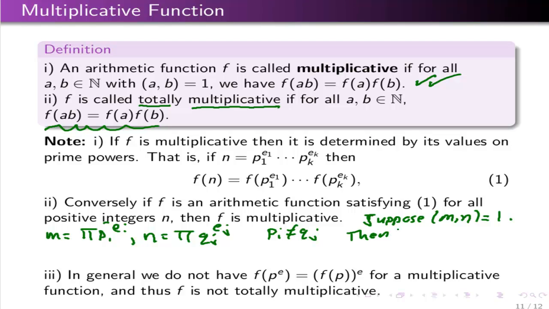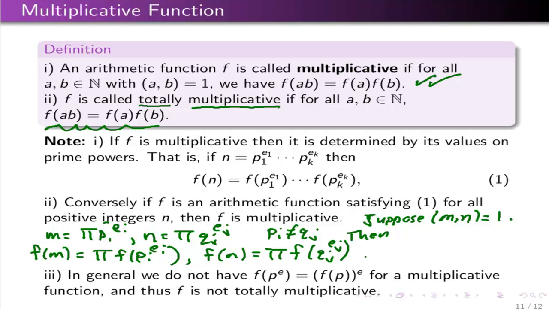And you look at f of m. So f of m, if 1 is true, would be the product of the f of pi to the ei's. F of n would be the product of f of qj to the ej's.